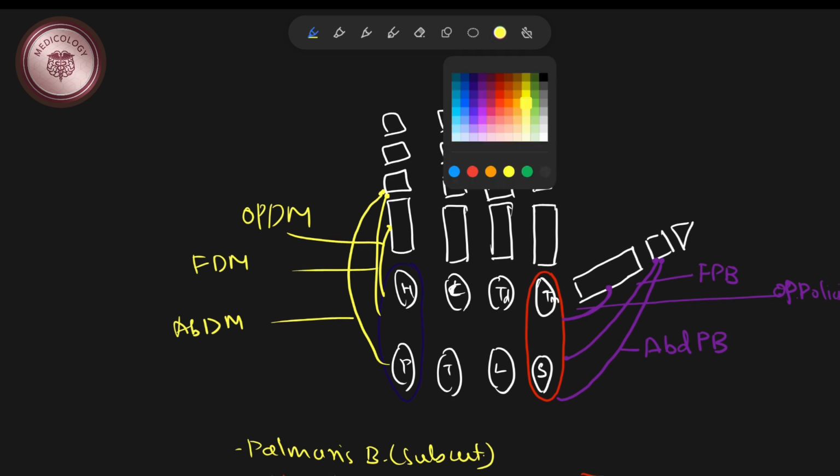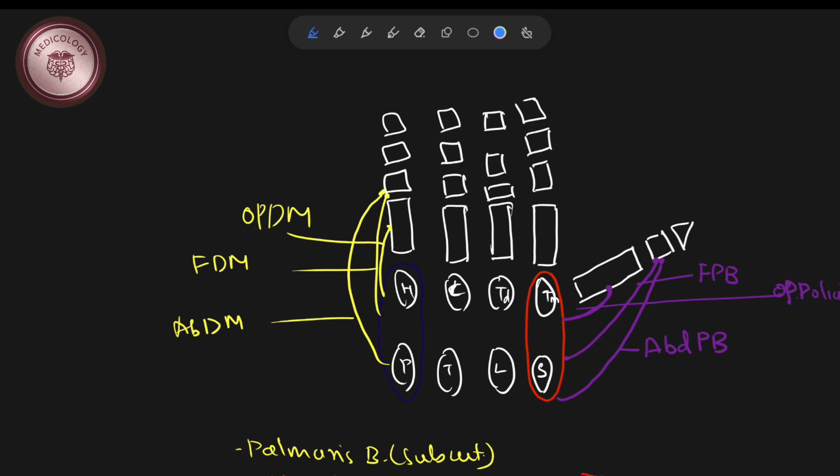Okay, adductor muscle. In the adductor muscle, there are two heads. In the adductor pollicis, the first head will be from the third metacarpal. They arise from the first metacarpal, second metacarpal, and this is the third metacarpal.